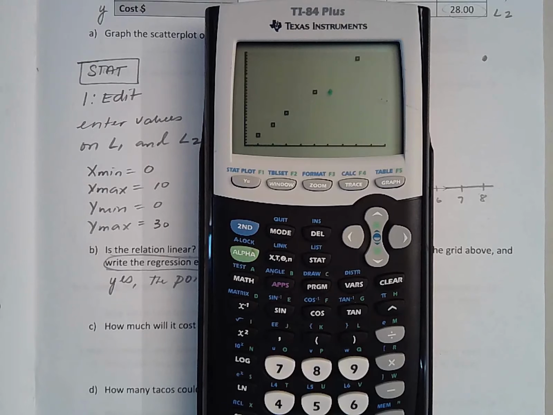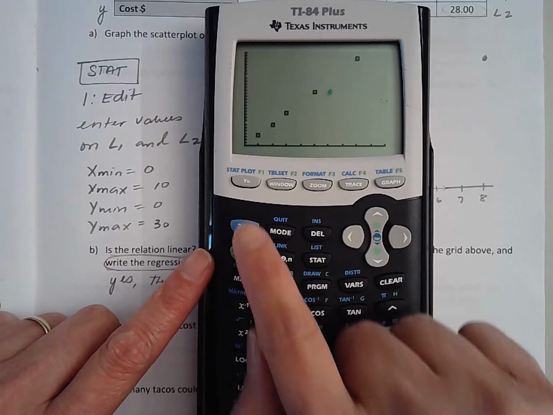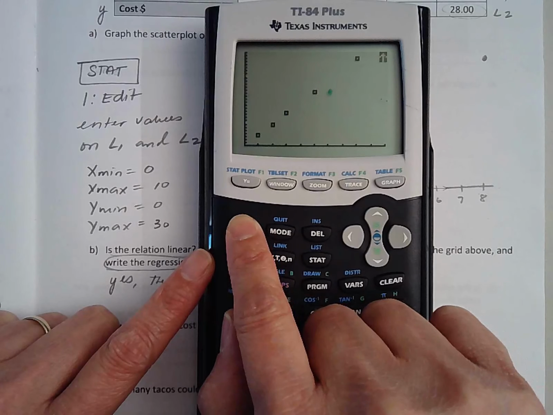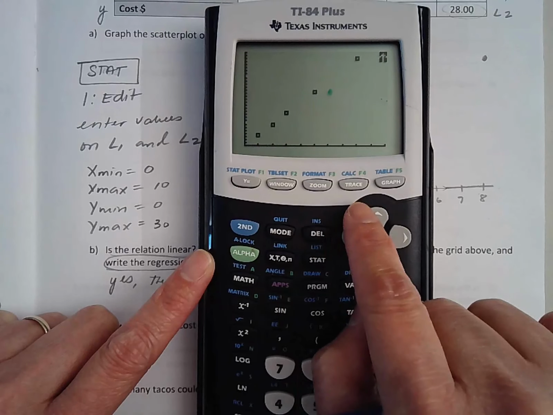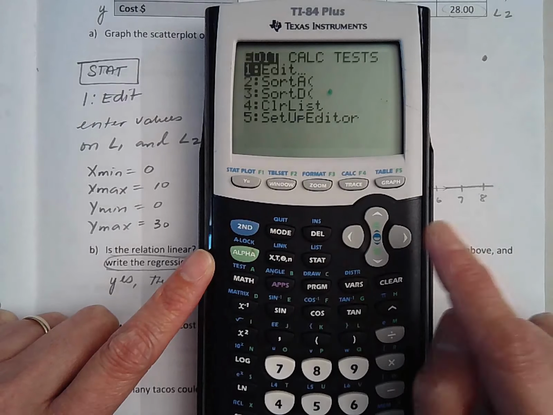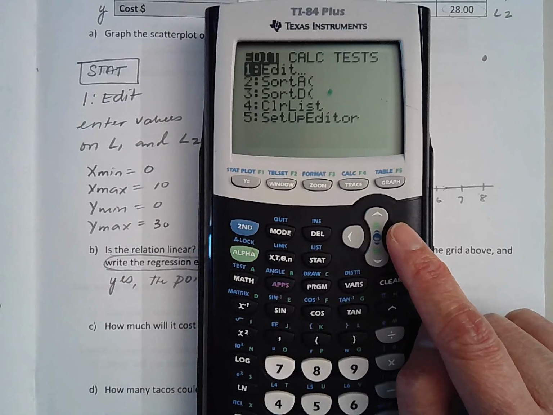This is something that we've learned before: linear regression, quadratic regression. Now, let's figure out the regression equation. So how do we do that again? Sorry, not second function, I'm messing you up.